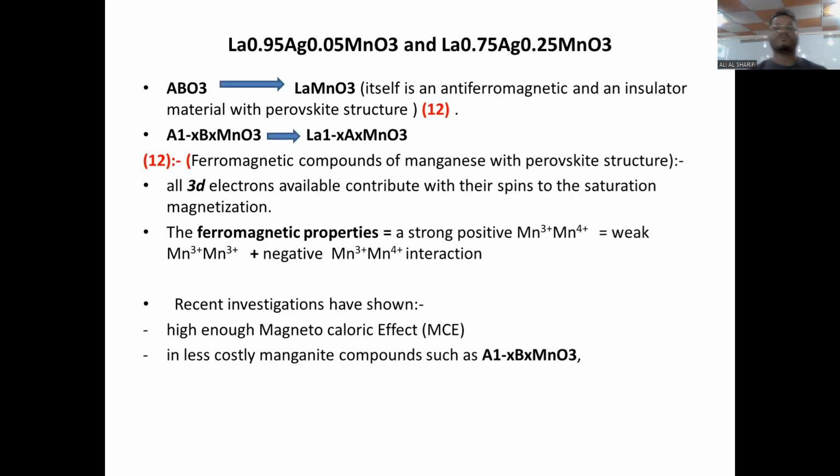Here, like we know, the parent structure is ABO3. A and B are cations, with 3 atoms of oxygen, specifically 3, no more, no less, because that would mean we will deal with another structure. Here, lanthanum manganite oxide. Lanthanum is a rare earth. Manganese belongs to the transition material group.